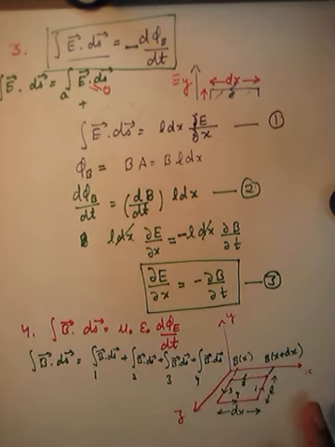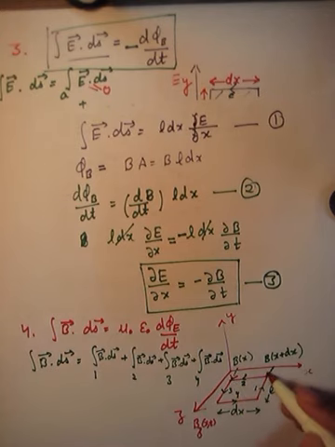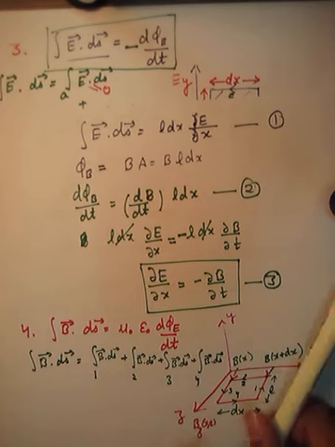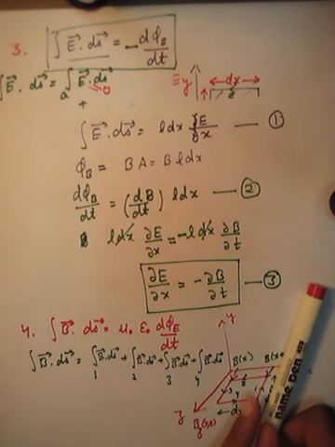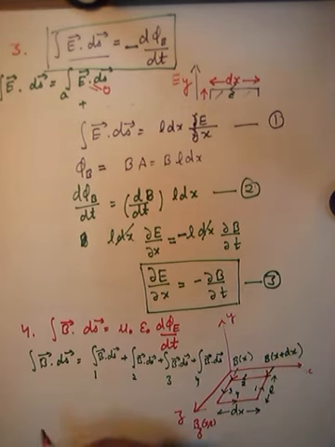So now let's talk about them one by one. So for length 1, you know that the magnetic field is along z direction, so it will be Bz, and it is a function of x and t. For length 1, magnetic field is in the positive z direction, but we are taking the length to be in the negative z direction, so they are opposite to each other.